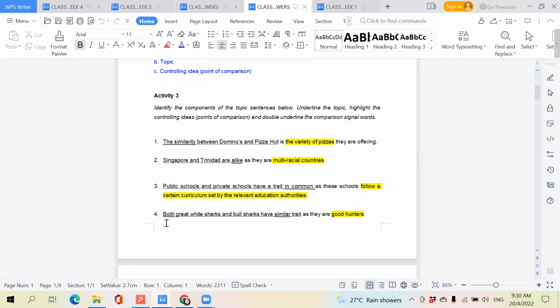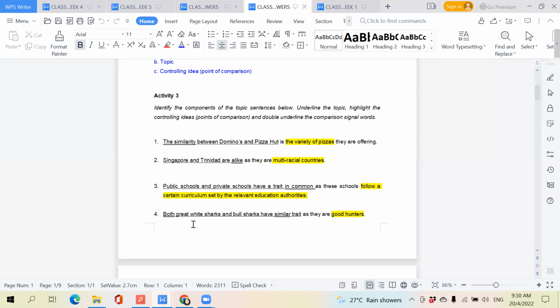Next: Both great white sharks and bull sharks have similar traits as they are good hunters. In this case, you have two comparison signal words: both and similar. Whenever you see these words or phrases, for example, in common, alike, similarity, both, similar, these are all words that you might want to use in your topic sentence for the first body paragraph that discusses similarities.